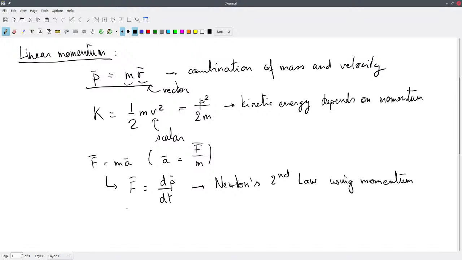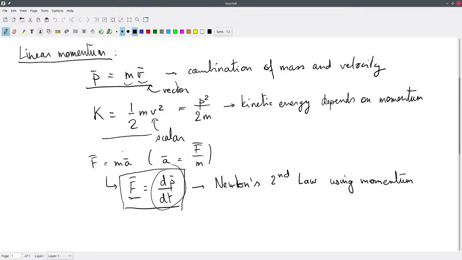And this is actually going to be the crucial law that we'll use today for our discussion about impulse. So even though of course kinetic energy is important, the main thing that this is telling us is that the momentum changes based on the force that is applied.